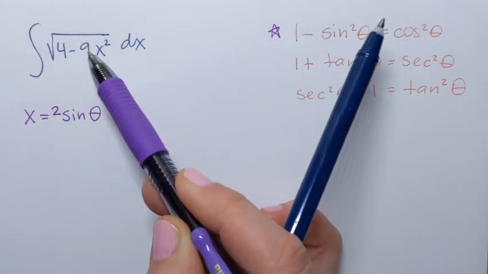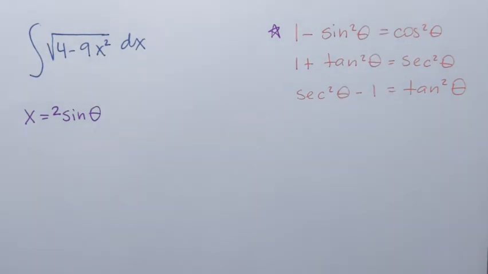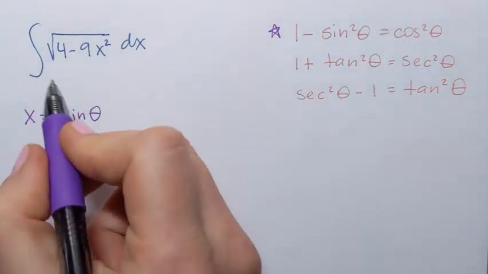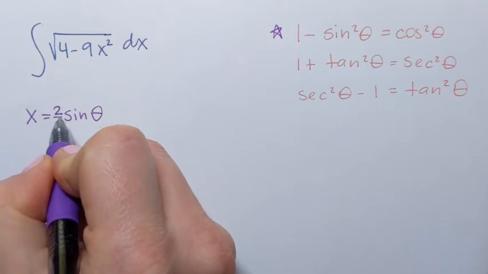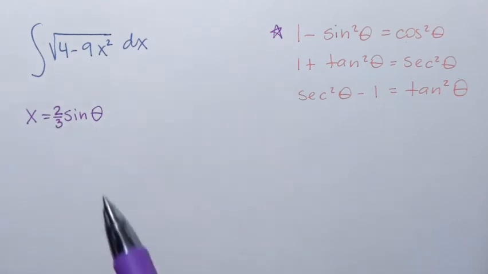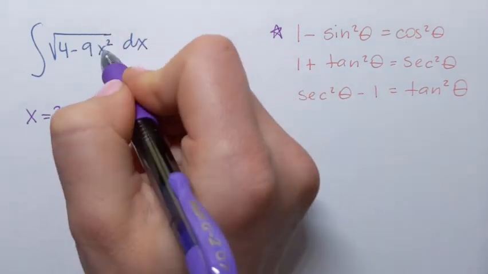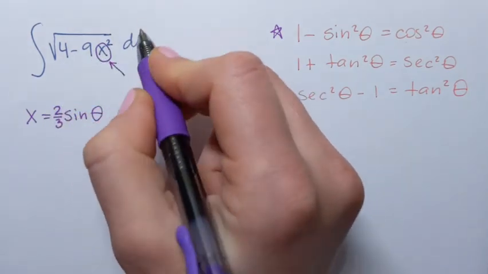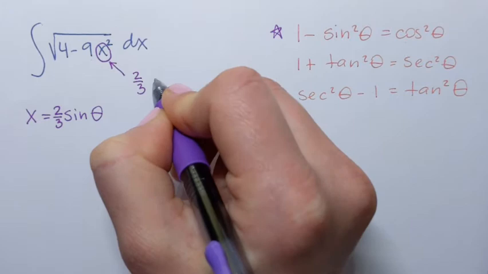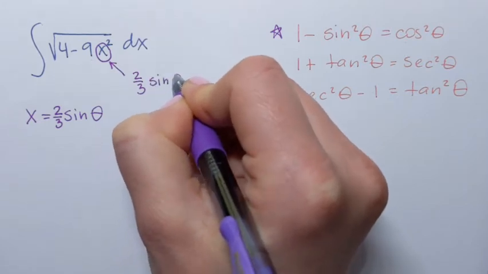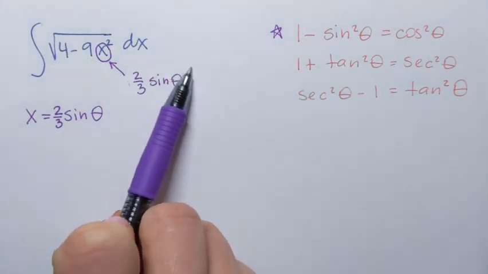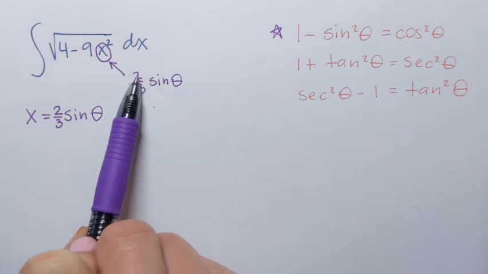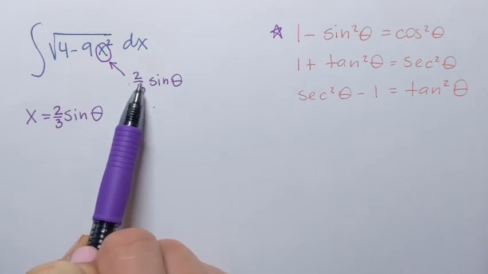But how about 9? How do I get rid of 9? I can get rid of 9 if it's not just 2, but 2 over 3. Let me make a note: x is going to be 2 over 3 sine theta. Now as I square that, once I plug it in, 2/3 becomes 4 over 9.